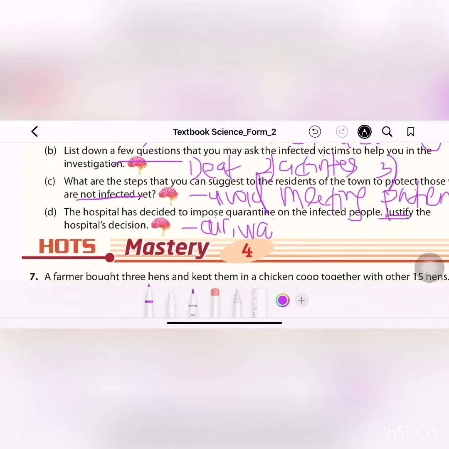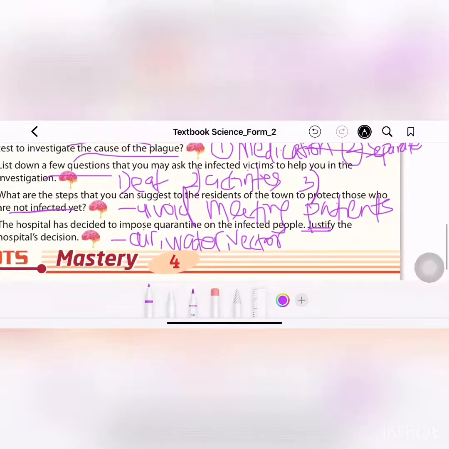Okay, diseases can spread through water, so they have to stay in the hospital. Okay, because hospital is clean, you know, the surrounding is conducive, and then vector like that. So you stay at home, you might be exposed to other diseases, so better quarantine in the hospital, and also through contact.